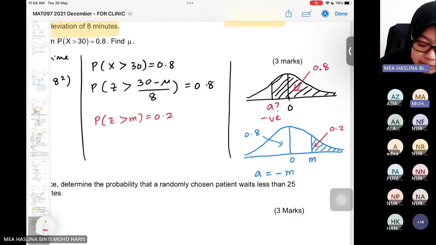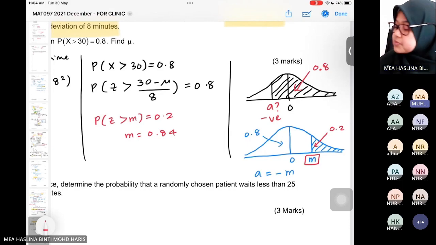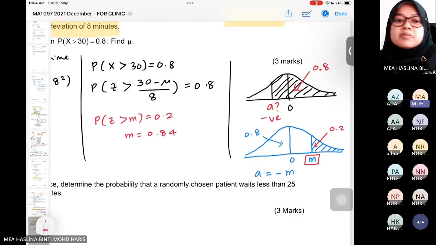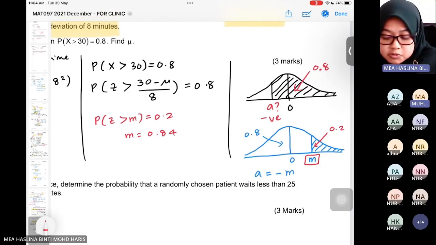What is the value for M? Is it 0.84? M, the positive one, is 0.84. Correct. 0.2, 0.2.